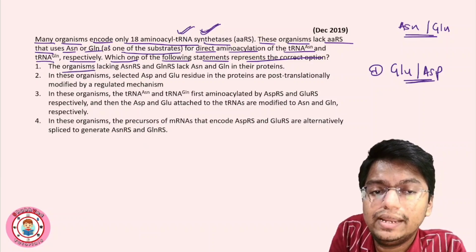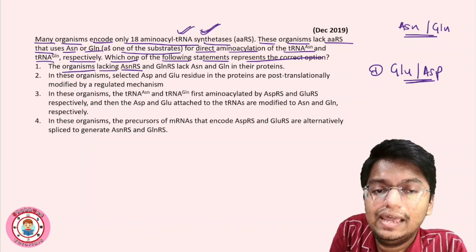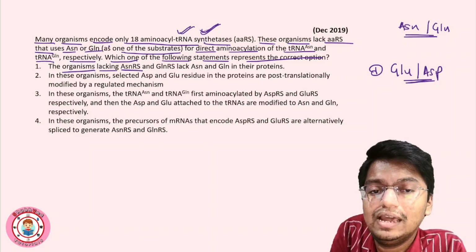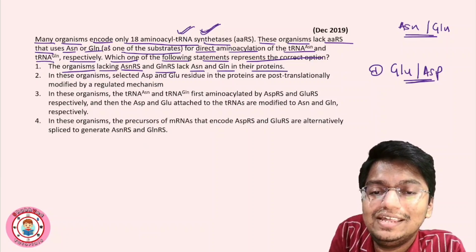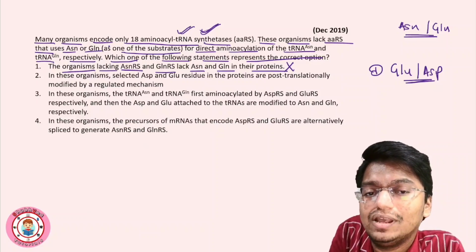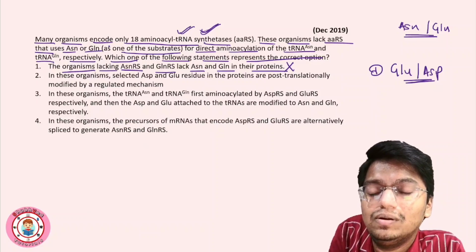The organisms lacking asparagine tRNA synthetase and glutamine tRNA synthetase lack asparagine and glutamine in their proteins. No, confirm wrong. It says there are no such amino acids in the proteins, which is confirm wrong.